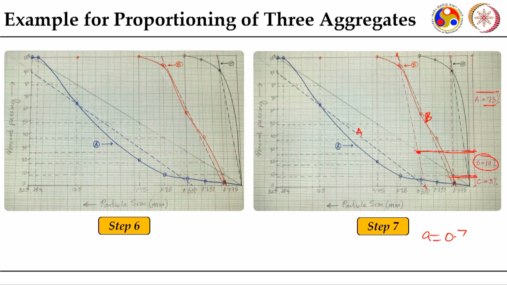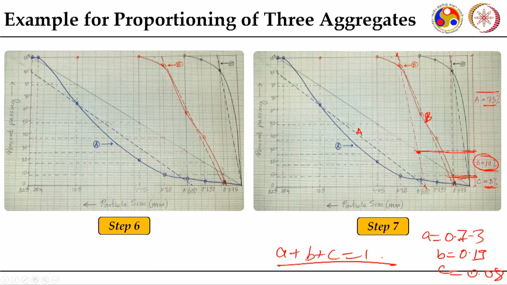So A will be 0.73, B will be 0.19, and C will be, sorry, this is 8%. So C is your 8%, 0.08. Now A plus B plus C is your 1.